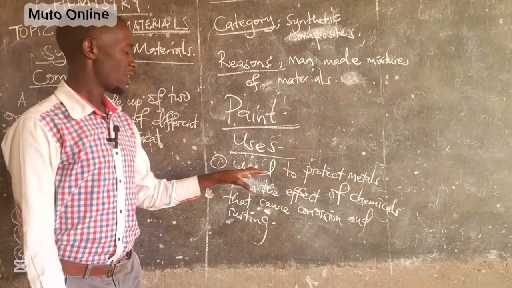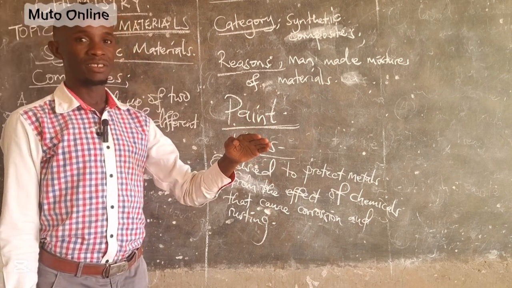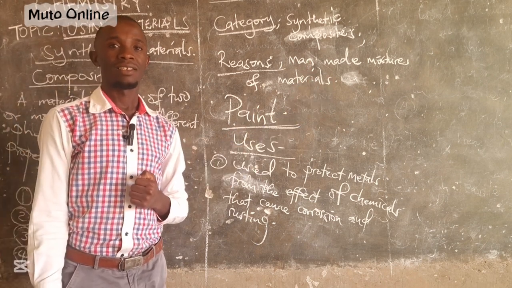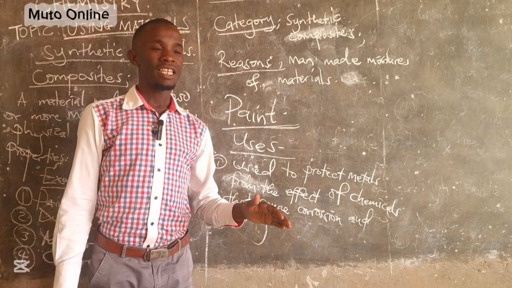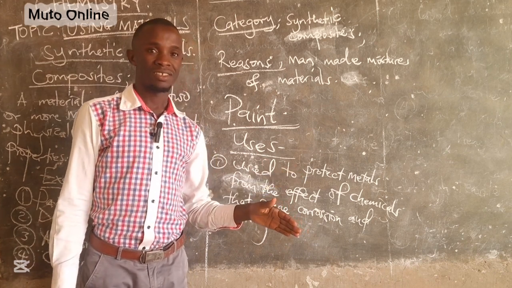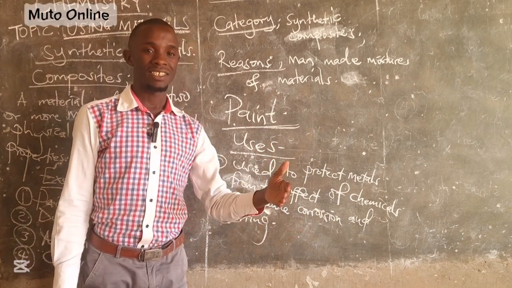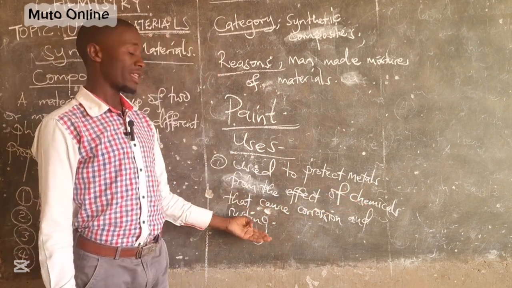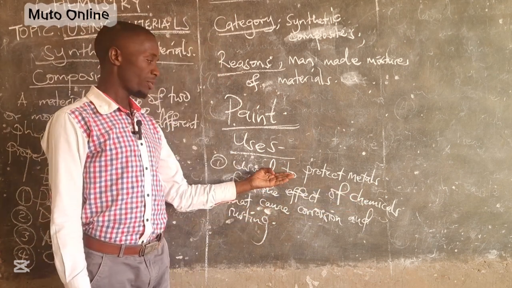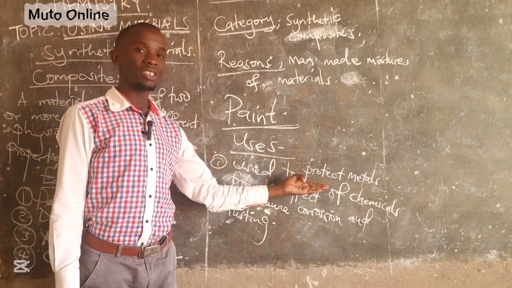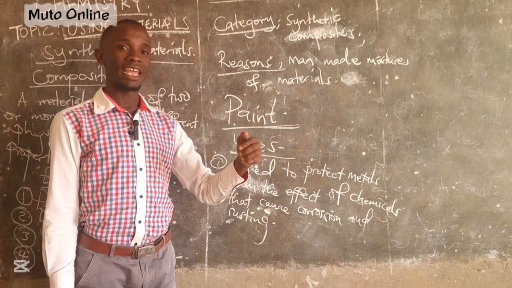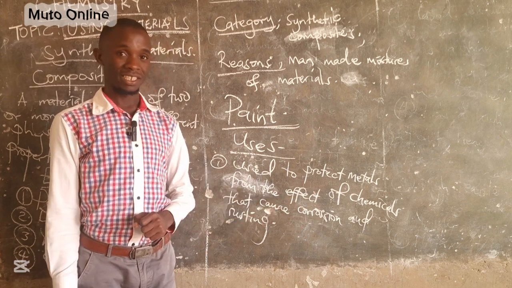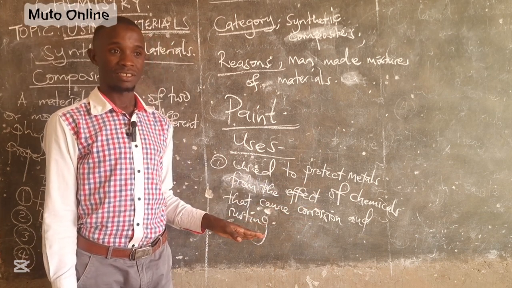The metals that are painted last longer than metals that are not painted. The ones that are not painted easily corrode or easily rust when exposed to the chemicals that cause the above. But when painted, these paints in most cases form a protective layer on the surface that protects the metals from corrosion and rusting. So it is one of the important things.